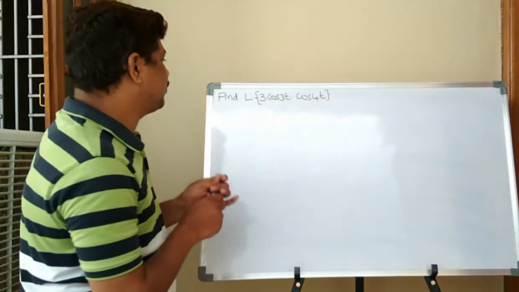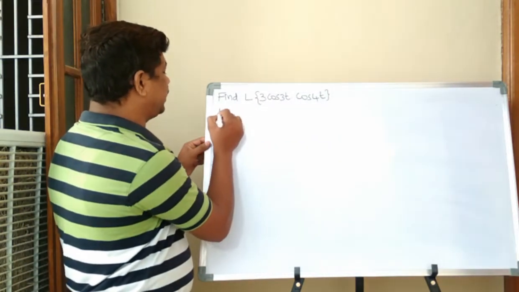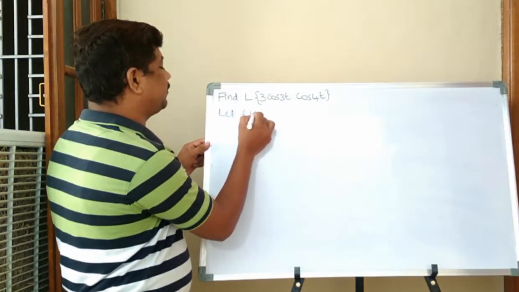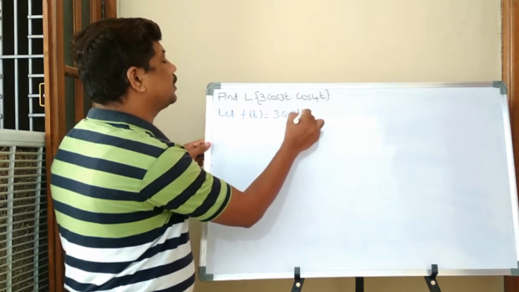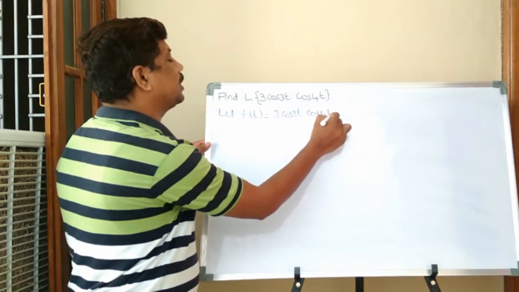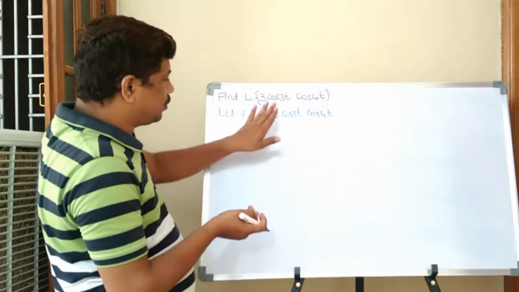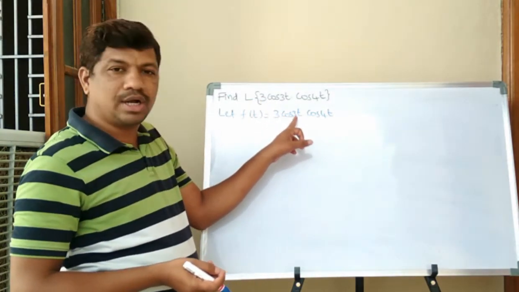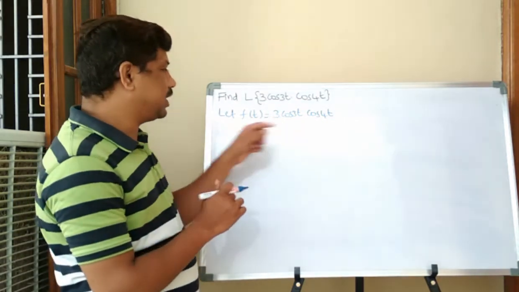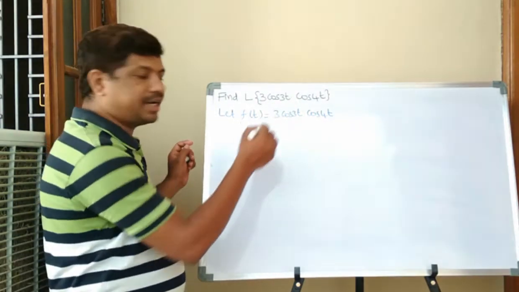So first, what is given to me: let f of t equal 3 into cos 3t into cos 4t. Now it looks like, if I multiply and divide by 2, then it looks like 2 cos a cos b. For that, I am going to multiply and divide by 2.